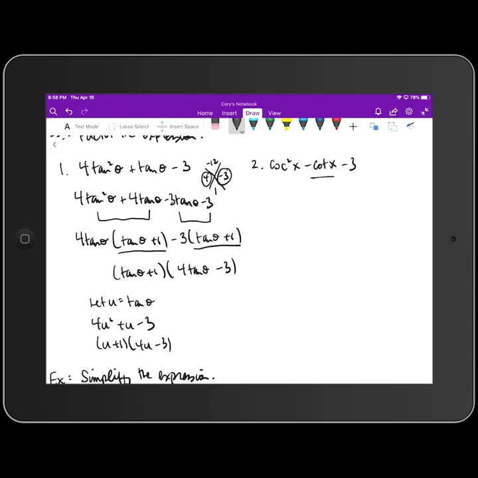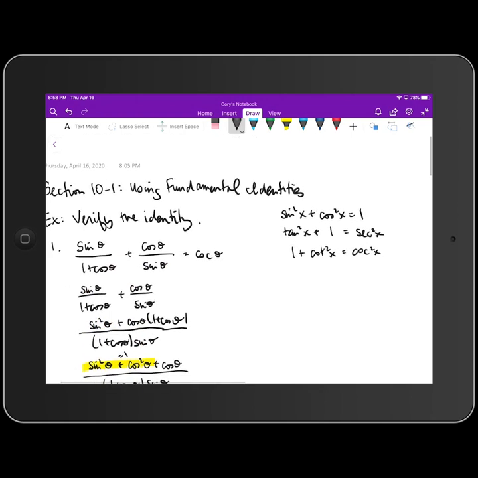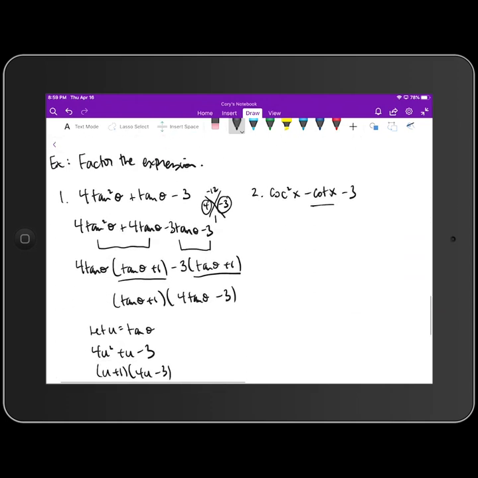So it's easier for me to get this written in terms of cotangent, because when I look at cosecant squared, if I go back to the Pythagorean identities, we can say that cosecant squared is 1 plus cotangent squared.